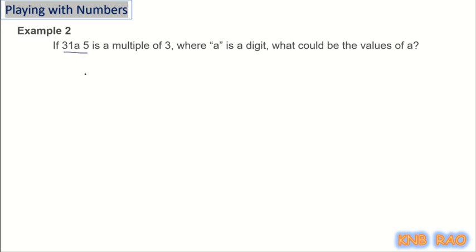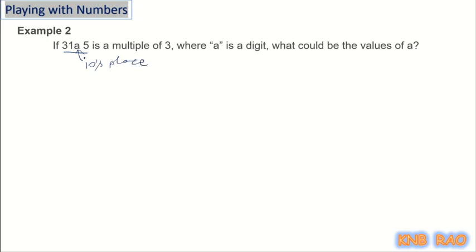31A5 is a 4-digit number where 3 is the thousands place digit, 1 is the hundreds place digit, A is the tens place digit, and 5 is the ones place digit.